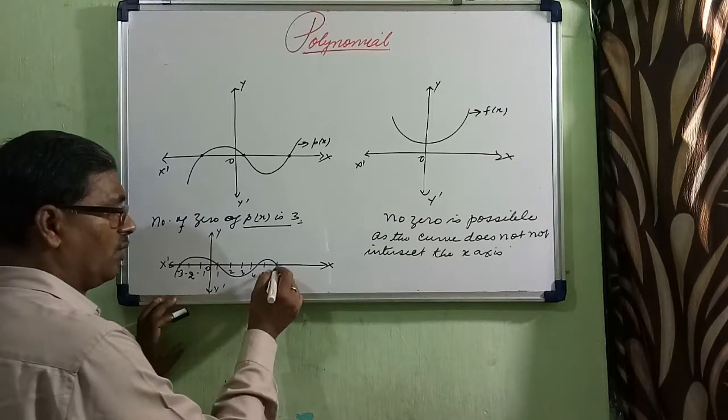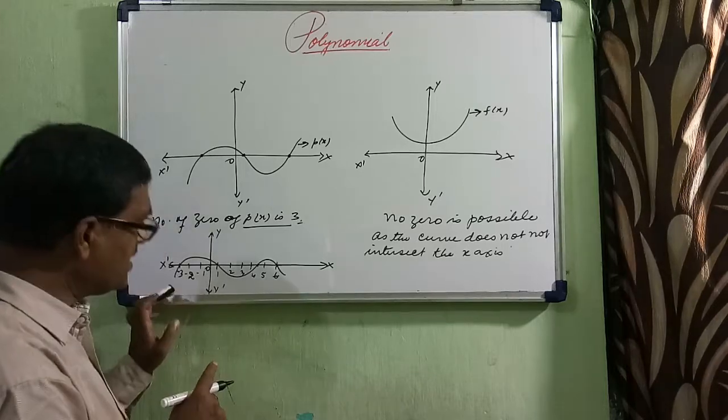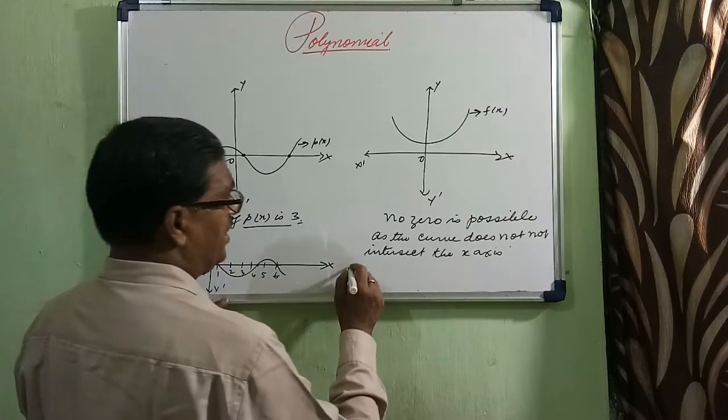What are the points? 1, 2, 3, 4. So in this case you may be asked how many zeros are there and what are they?